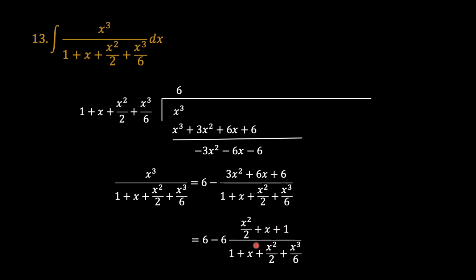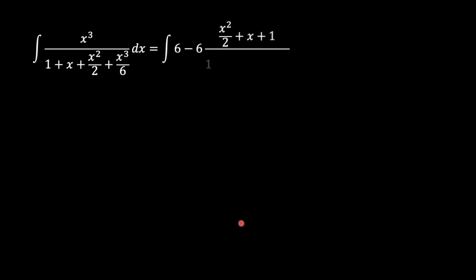And this here is just the derivative of the denominator. So that when we plug that back as our integrand, we can simply integrate 6 and then minus 6. And since this is a derivative of the denominator, we can now take advantage of the natural logarithm function, whose derivative is the derivative of the function within the log function over that same function.